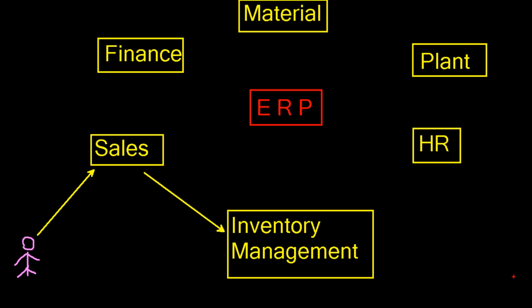Real time processing means everything is within fractions of seconds. All the departments are able to access the information. The inventory management team can collect the information in front of the system: how many vehicles are available in the warehouse, how many vehicles are starting production, how much raw material is available, and what about finance and everything.